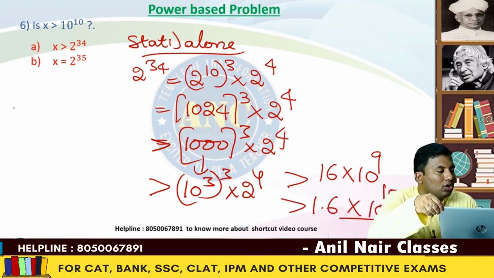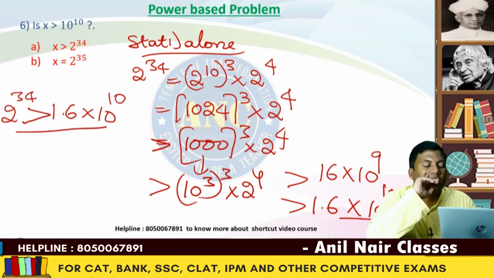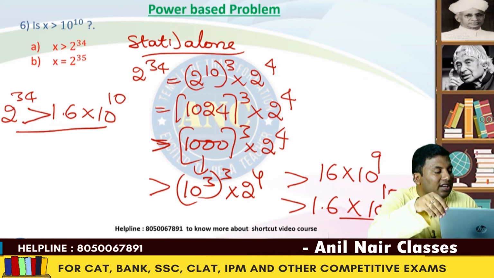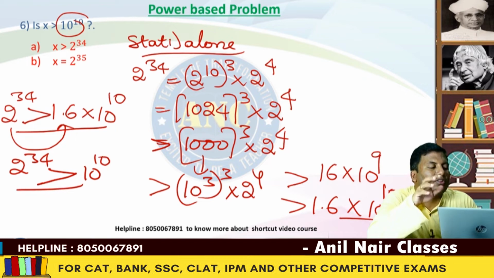That means 2 power 34 is greater than 1.6 into 10 power 10. The question is only asking whether it is greater than 10 power 10. When 2 power 34 is greater than 1.6 into 10 power 10, it can definitely be greater than 10 power 10. Are you all with me?